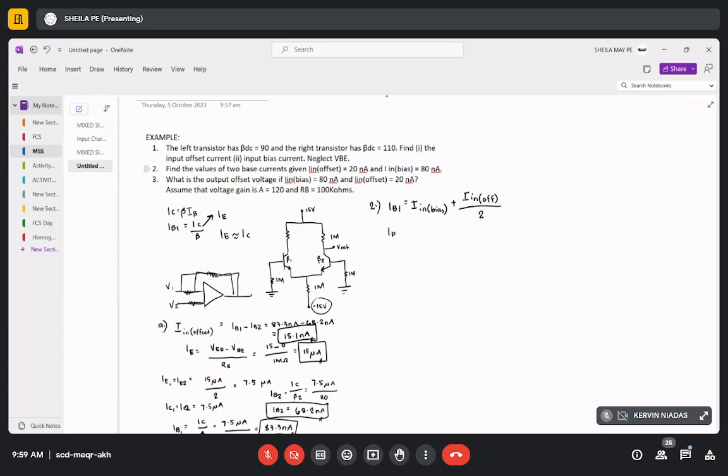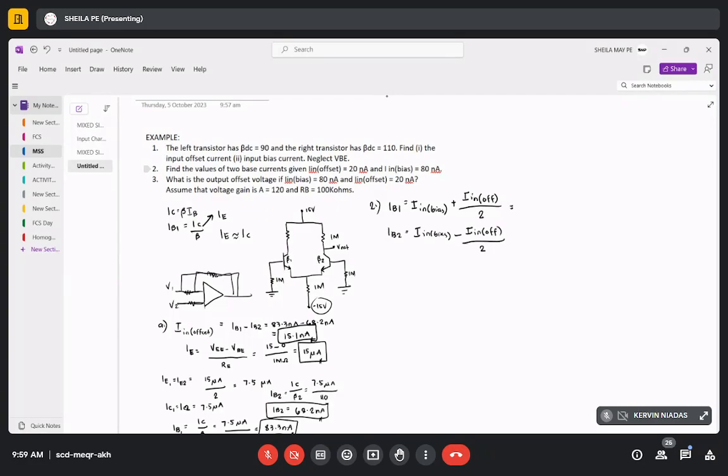For our IB2, that's input bias current minus input offset current divided by 2.